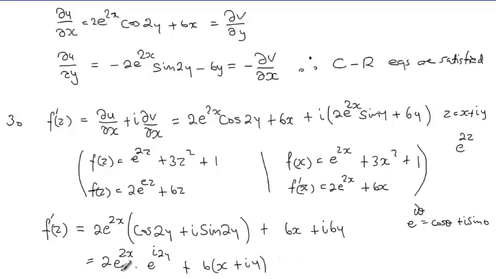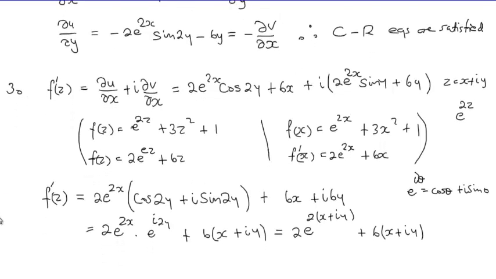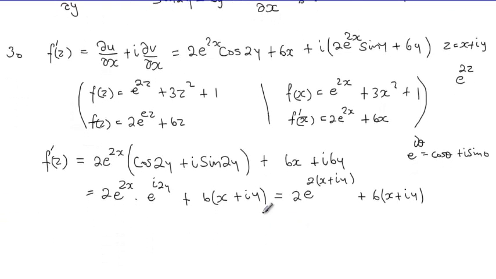Now simplifying using the rules of exponents, we get 2e^(2x+iy) plus 6(x plus iy). So now you can see I've got z there and z there.